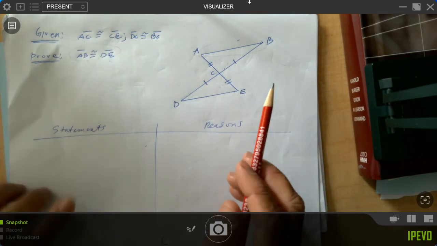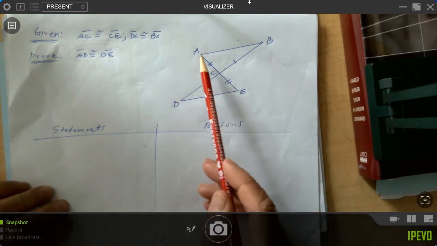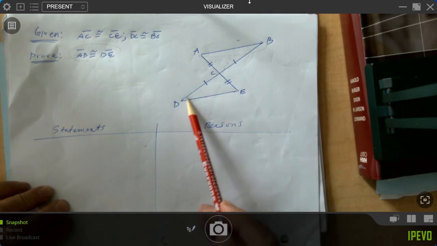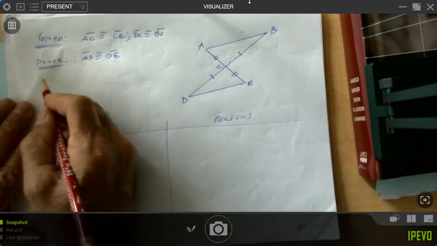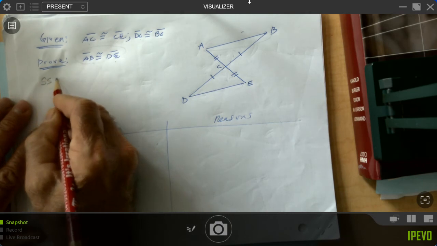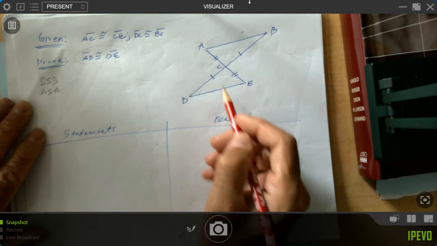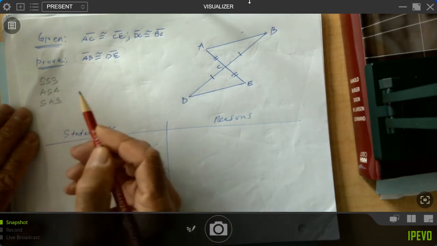So the first thing we're going to have to do is show that these two triangles, triangle ABC and triangle EDC, are congruent. That's the first step. So we'll start off exactly like before. We're going to show that those two are congruent using one of these congruent statements.